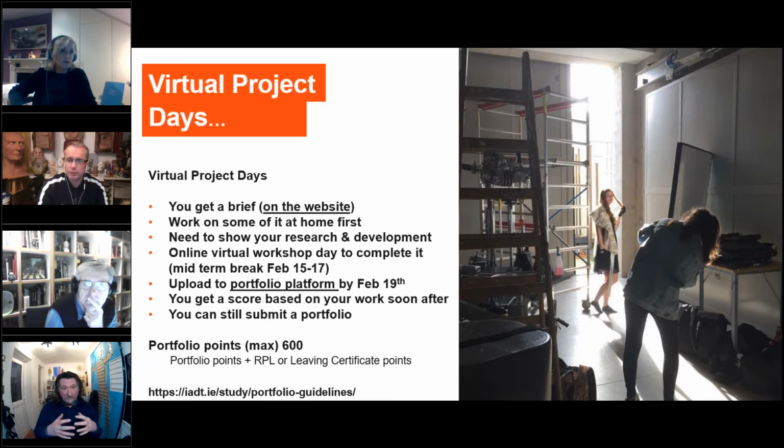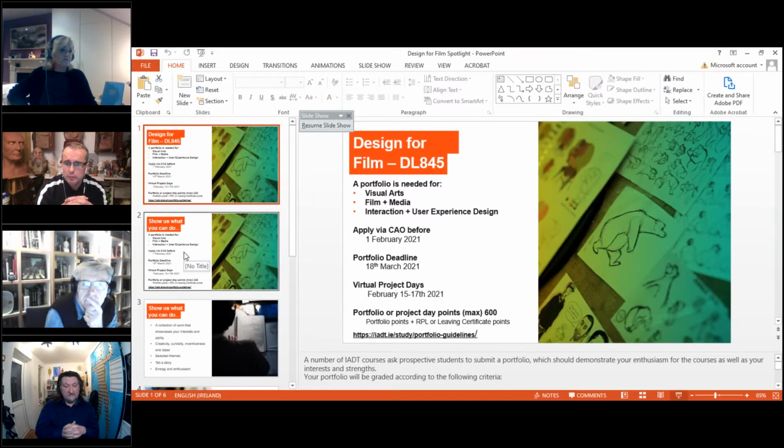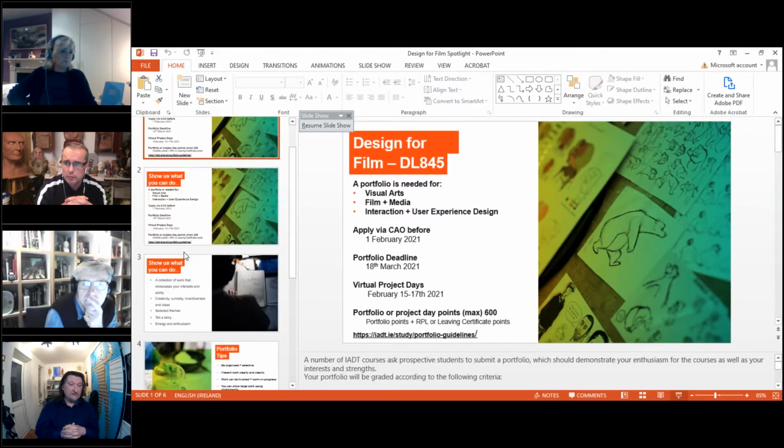So all of those elements and activities and careers are now merging into the one program, but they will all be represented. They will all be taught. You will get access to all of the knowledge and experience of all of those previous programs on this new Design for Film program.